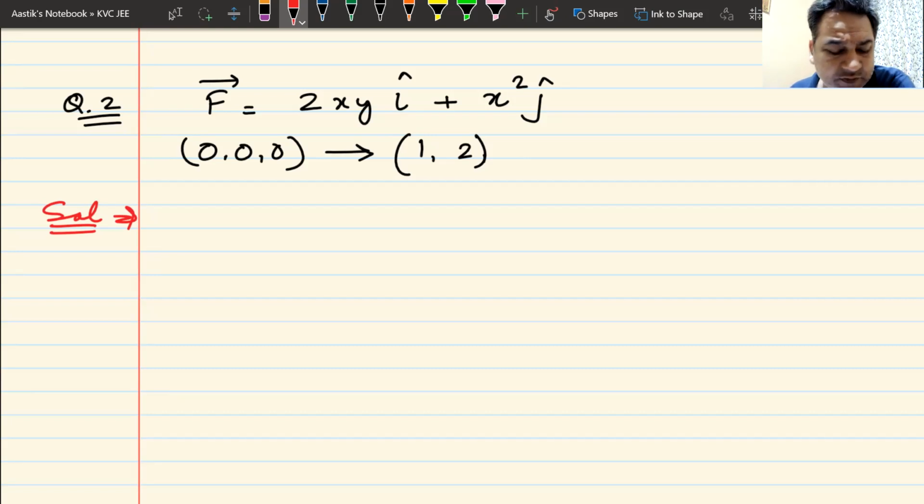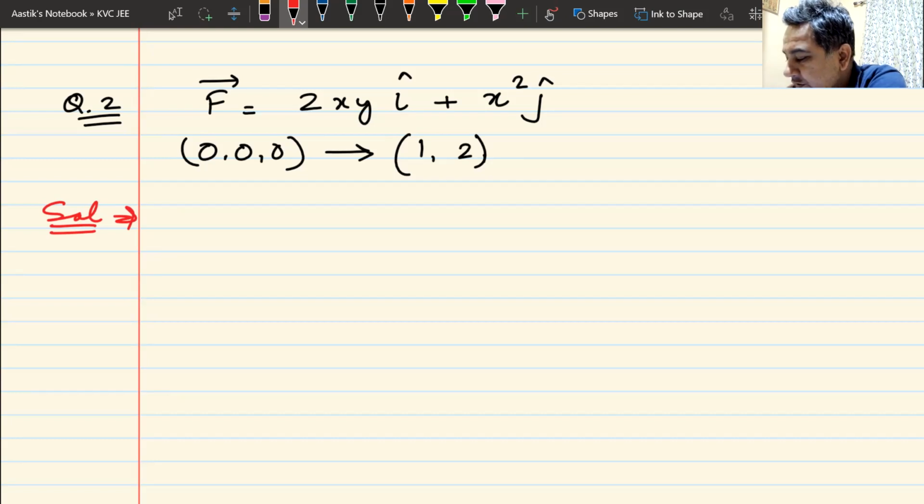Anyone has the answer for that one? Has anyone checked whether this force is conservative or not? Anyone?